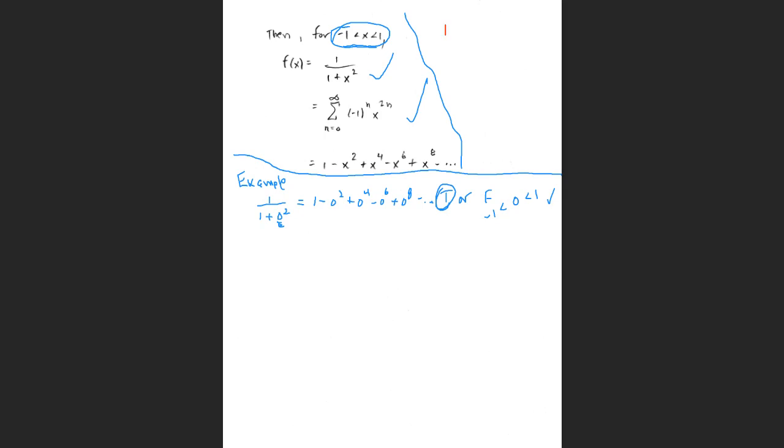Let's look at something else. Let's say you had 1 over 1 plus 2 squared. Now we know 1 over 1 plus 2 squared equals a fifth, right?